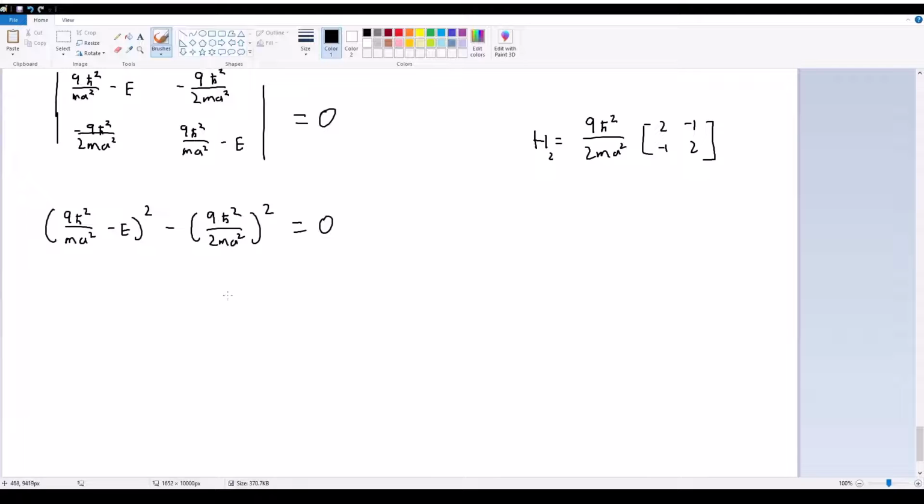I'm too lazy to write this out fully and solve it. You can just plug this into a calculator and solve this on your own, but the valid solutions you get for E are 4.5 h bar squared over ma squared, and 13.5 h bar squared over ma squared.